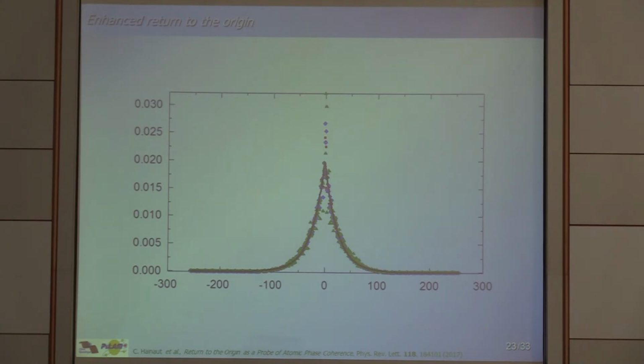Why do I do that? Because it is sensitive to the width of the initial state. So in order to do that, I need a very low temperature of my cold atoms. If I don't have that, if I increase the temperature, the contrast of this peak diminishes and it becomes difficult to see.